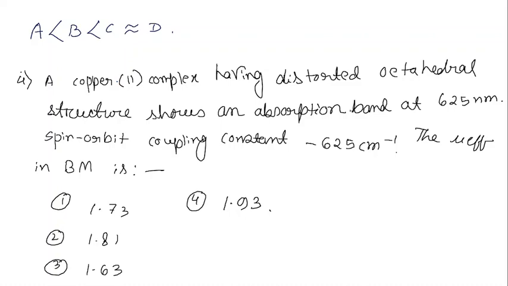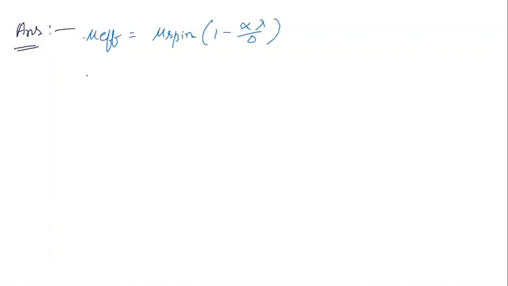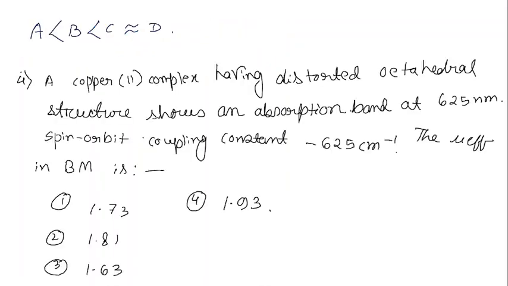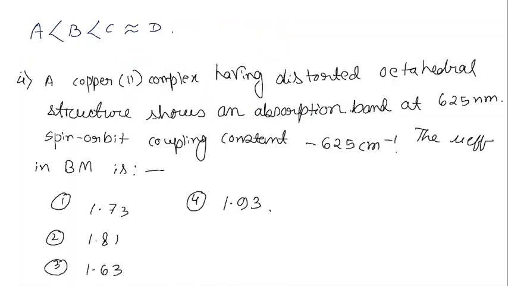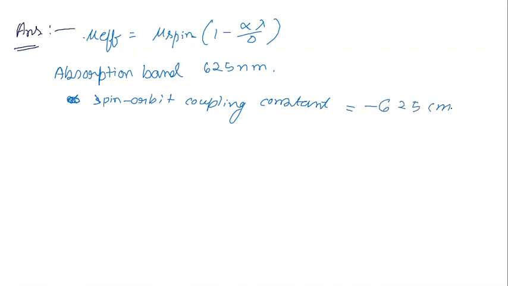Then this is the equation by which we can calculate it. Here the question was: it shows the absorption band at 625 nanometer, and the other thing is the spin orbit coupling constant, minus 625 centimeter inverse.